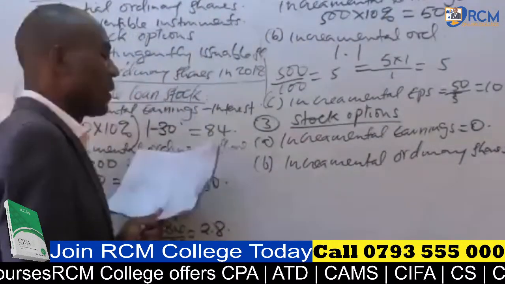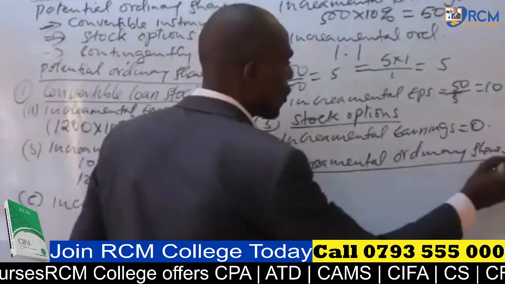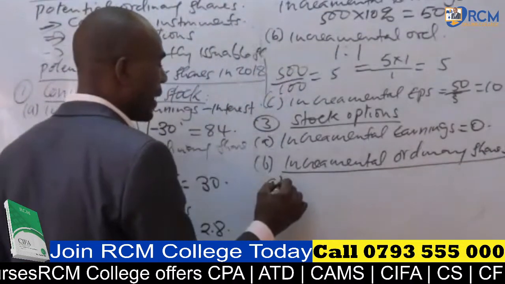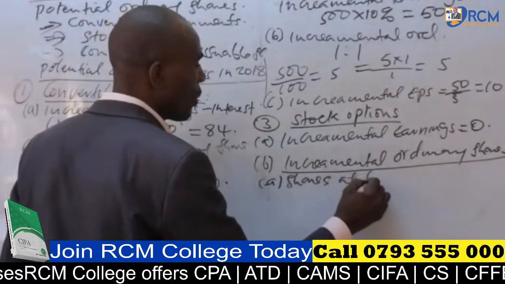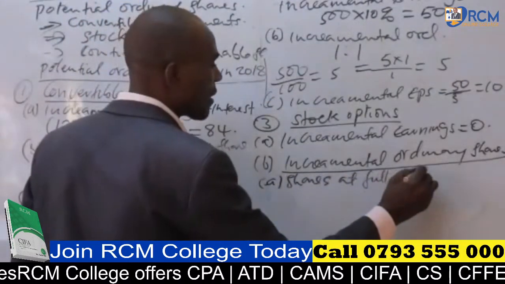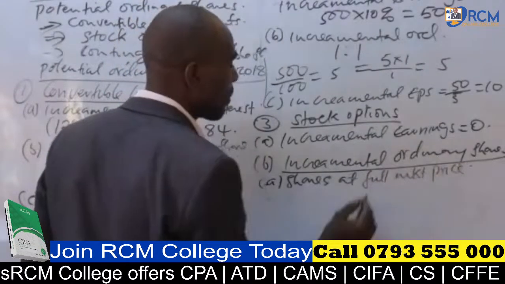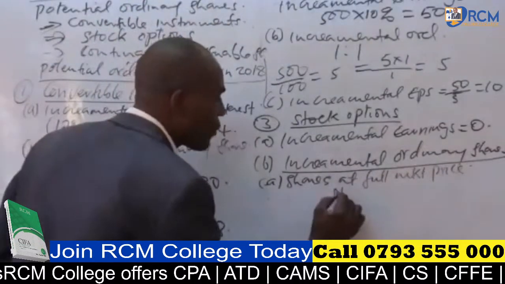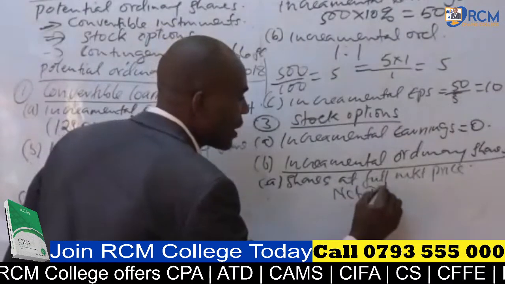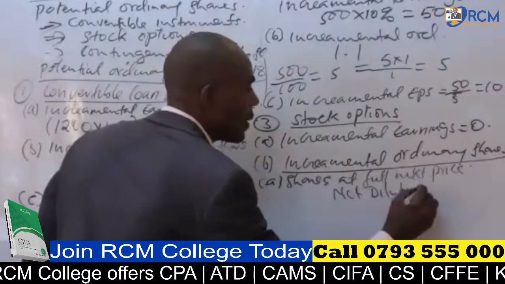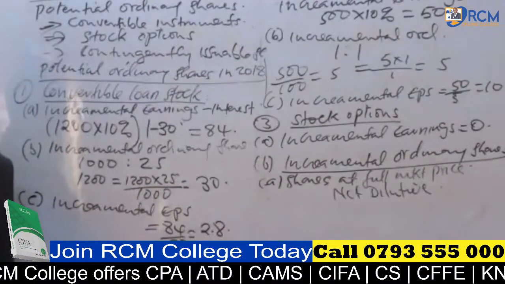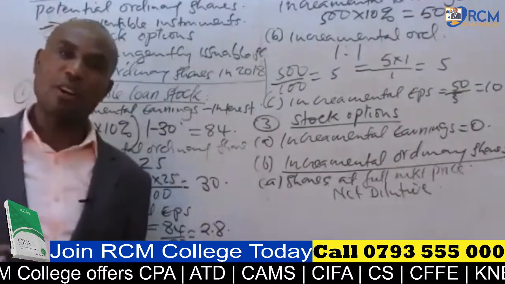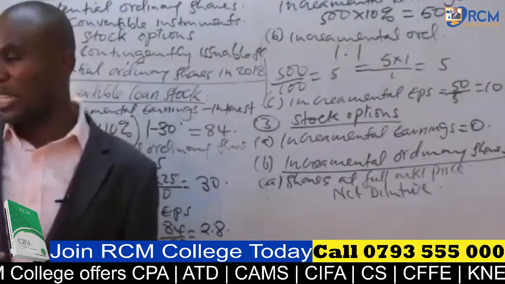In stock options, we have number A, shares at full market price. These are not dilutive, therefore they will not appear. We don't include them in the computation.